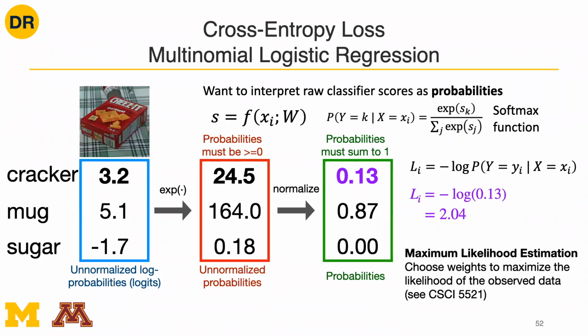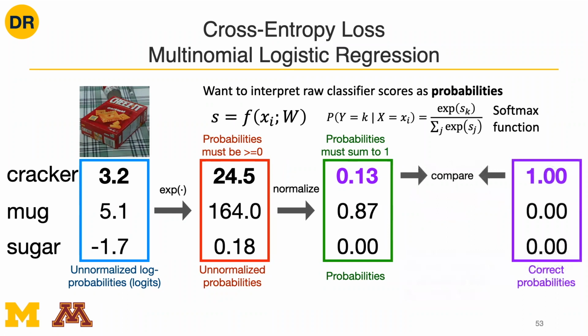You can probably learn about this in other courses, especially in machine learning courses. Now we are comparing with the correct probabilities. We have a distribution that says this is what we expect out of the classifier, and this is what we currently have. There is also another interpretation of this.